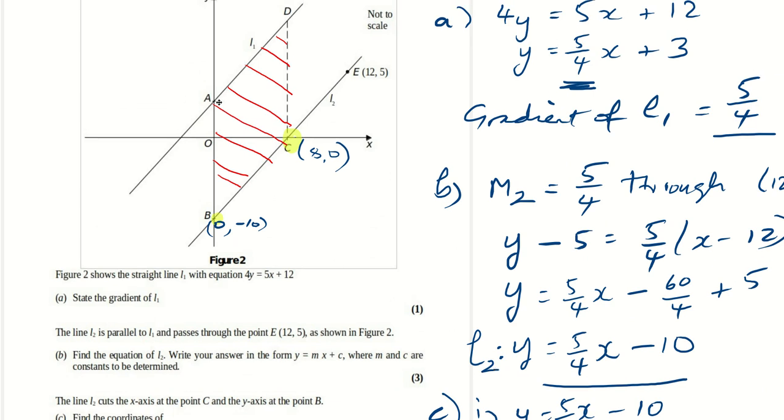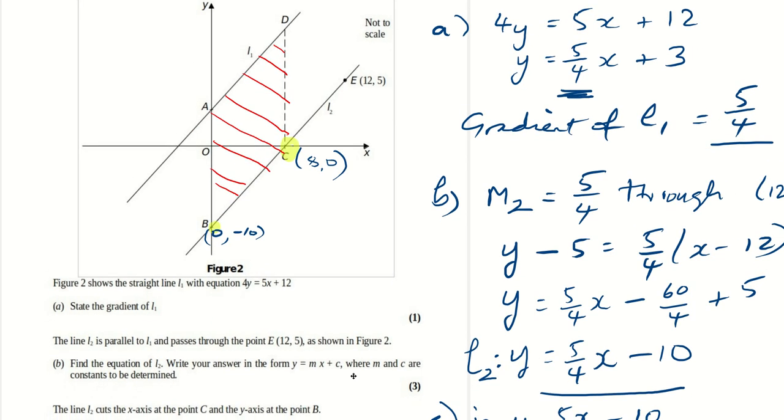Now what about point A? I think it's going to be useful if we work out what point A is. Well, the y value at point A is going to be the value of y when the equation for line L1 has x equals 0. And if you put x equals 0 into the equation, you just get y equals 3. So we know that that point there is the point (0, 3).